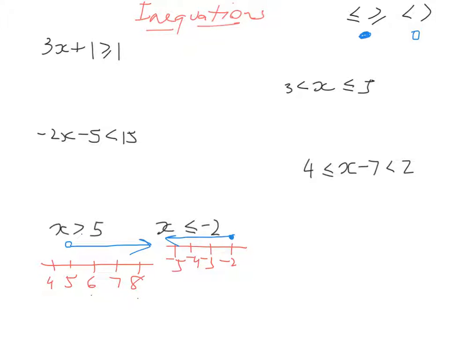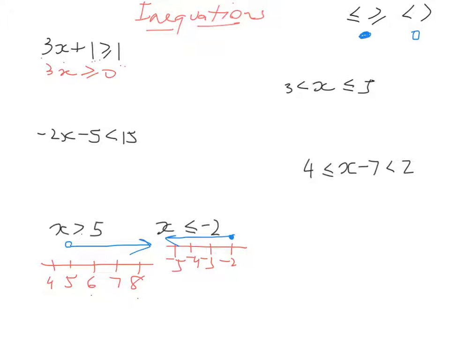Now, for our inequations, here we have 3x plus 1 is greater than or equal to 1. We solve these exactly the same way as equations. We're saying 3 times some number plus 1 is greater than or equal to 1. We're looking for what that number has to be. So we take our 1 over to the other side, subtracting 1 from both sides. So we've got 3x is greater than or equal to 0.